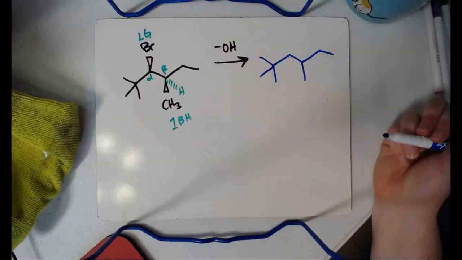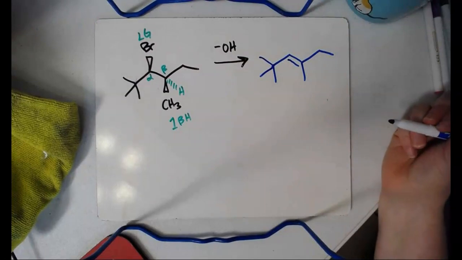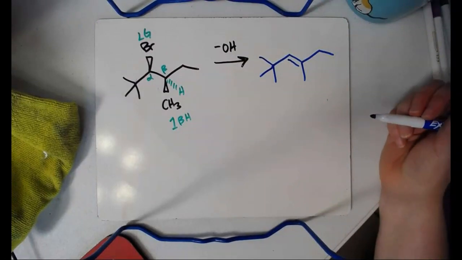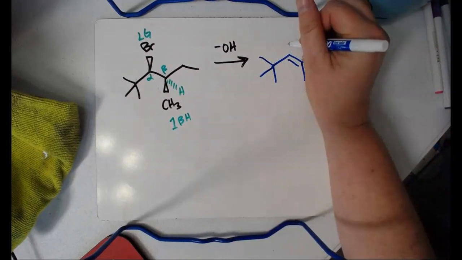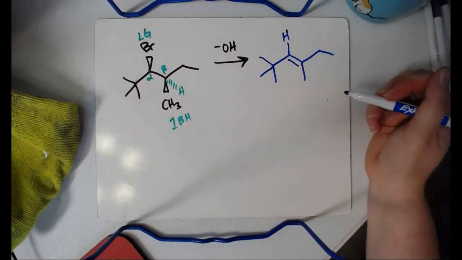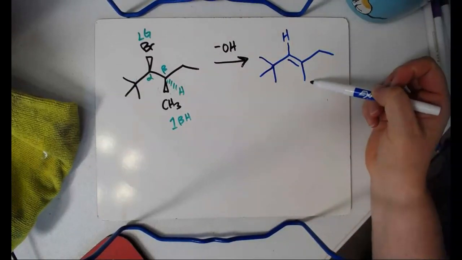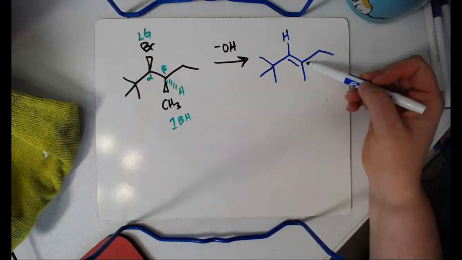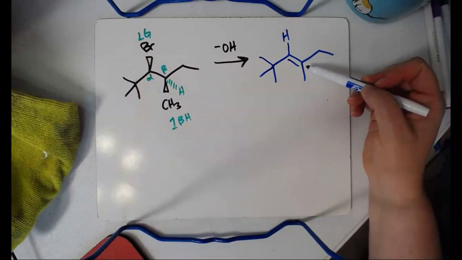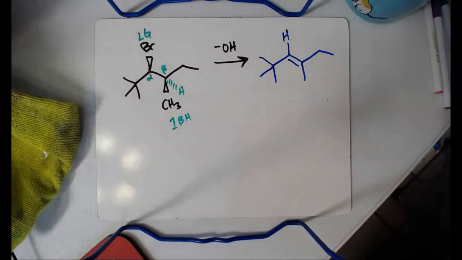So there's all of my pieces, and there's my double bond. This is the only product that is going to form. Now if we want, we can put this hydrogen up here. This is the hydrogen that's attached to the alpha carbon. My methyl went from being a wedge to being a straight line because that beta carbon is now trigonal planar, so everything is flat, so we don't use wedges on flat carbons.